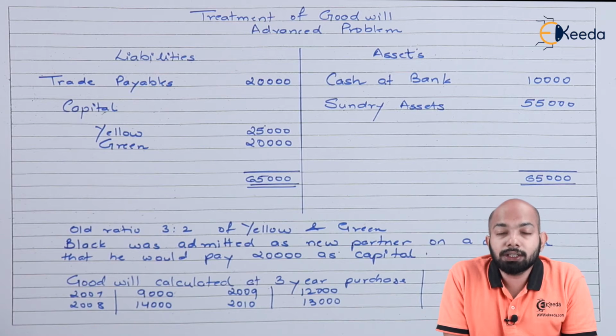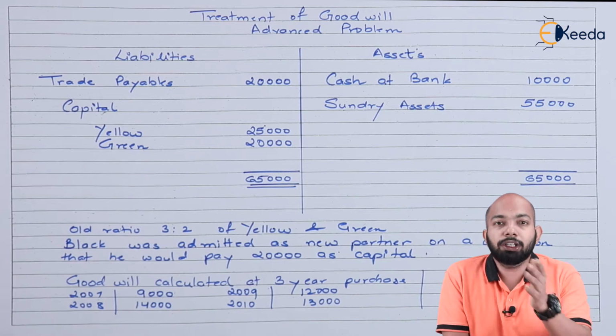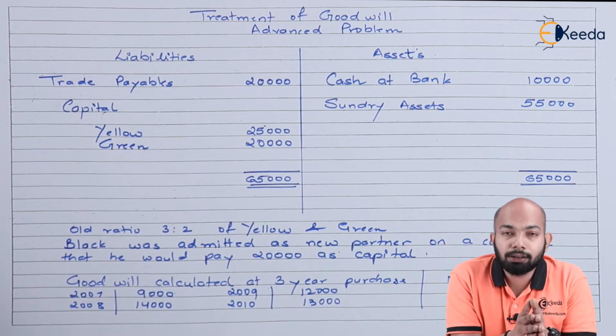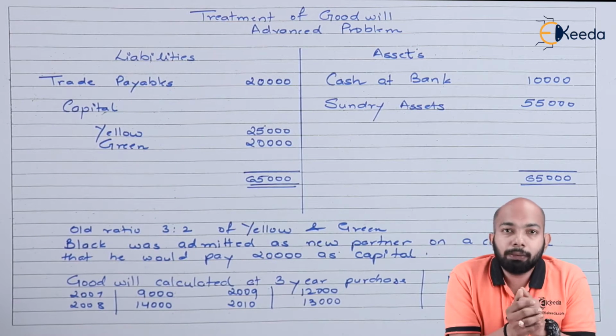This sacrificing ratio is calculated with the formula old minus new. That means old ratio minus new ratio is the formula that is supposed to be used. The amount calculated as per the sacrificing ratio has to be moved into the capitals of the existing partners. Now we have an illustration mentioned here.